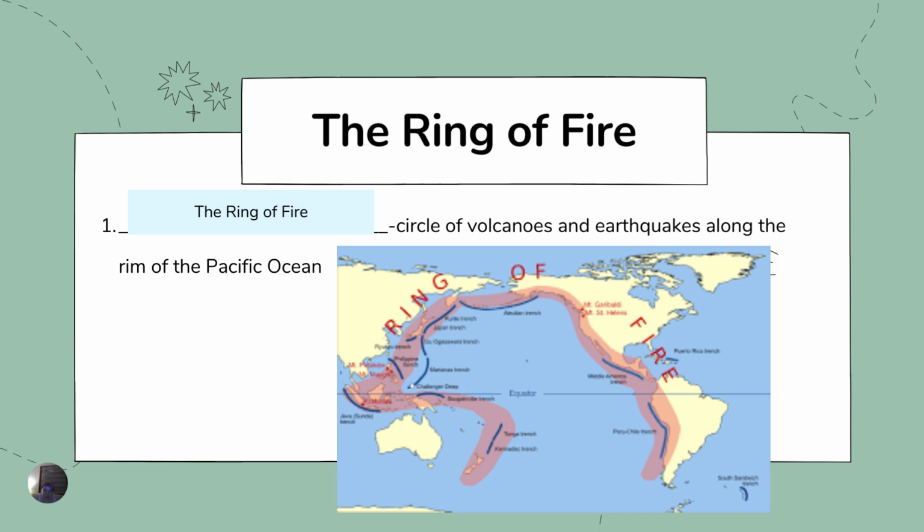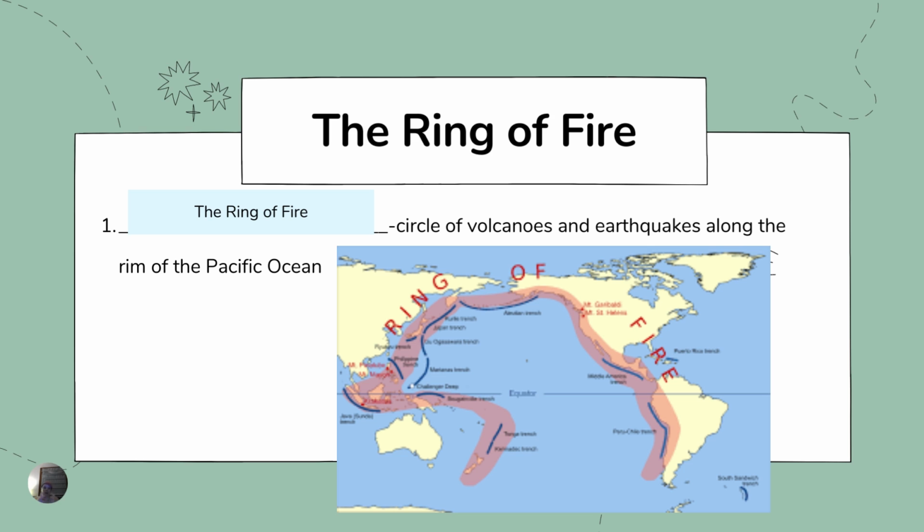All right, so this first term is the Ring of Fire. The Ring of Fire is a circle of volcanoes and earthquakes, which lies along the rim or the outer edge of the Pacific Ocean. It exists because of a very large tectonic plate that lies under the ocean, and it slides across other tectonic plates in Asia, Australia, South America, and North America.